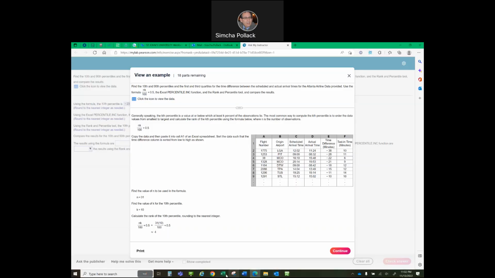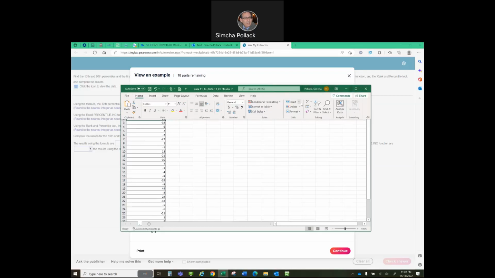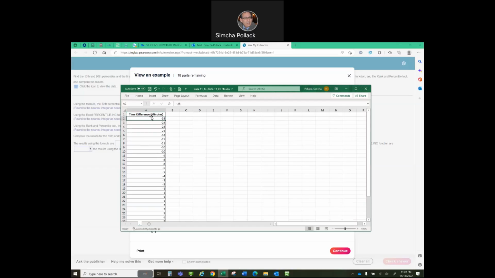Let's go back to our Excel data sheet. Click on any number, Home, and open the sort dialog, smallest to largest. This means the numbers are getting bigger. And we want the 4th number: 1, 2, 3, 4.